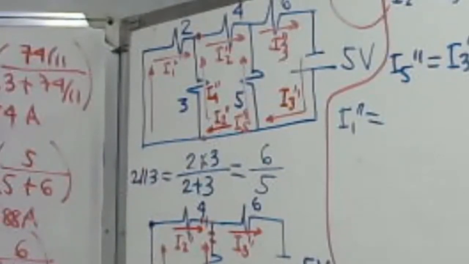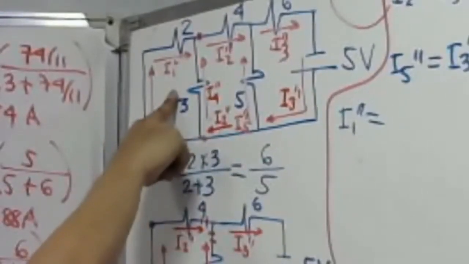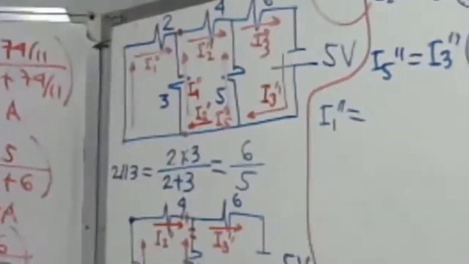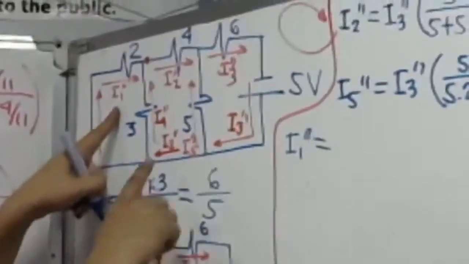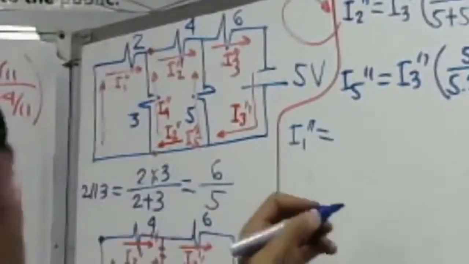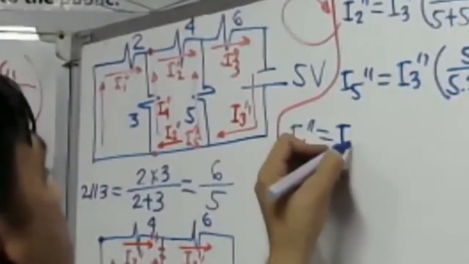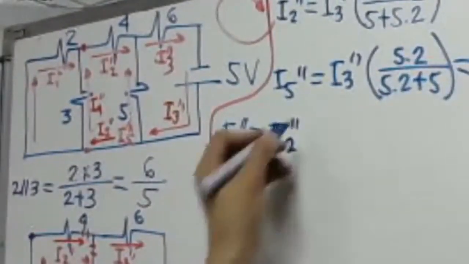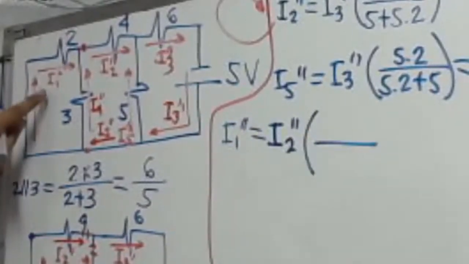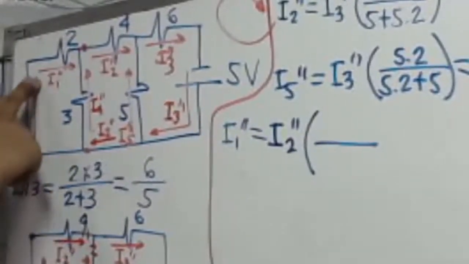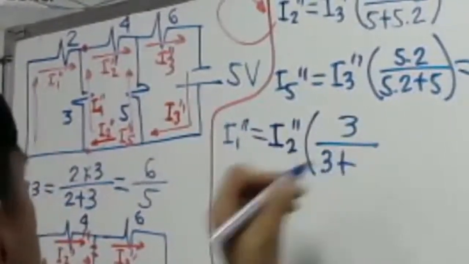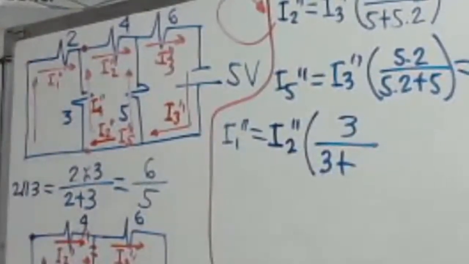Therefore, we may solve now our I1 double prime. Take a look here, guys. What is our I1 double prime, by the way? I1 double prime is equal to the resultant current I2 double prime, multiplied by, so, for I1 double prime, the opposite is 3 ohms over 3 plus 2.